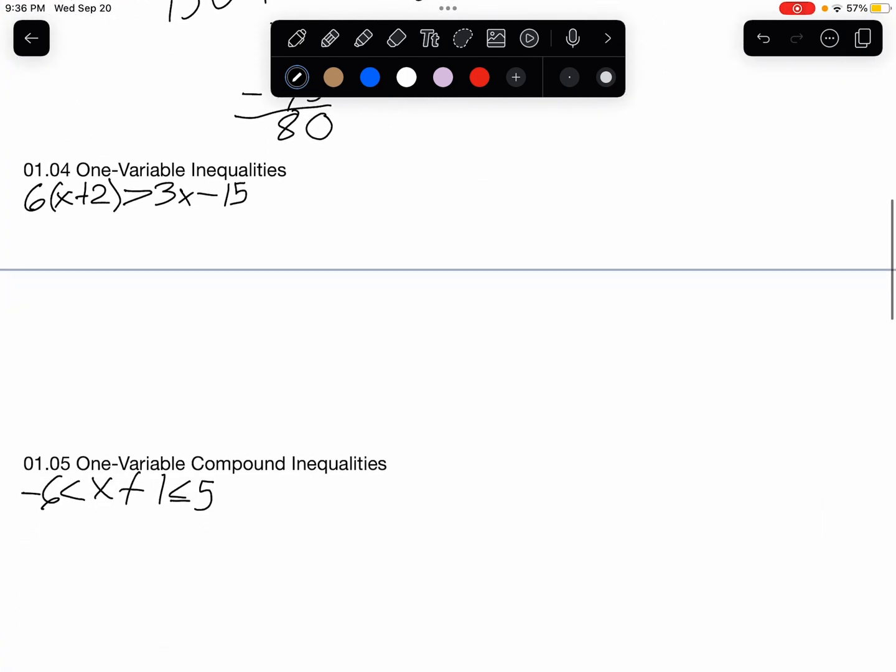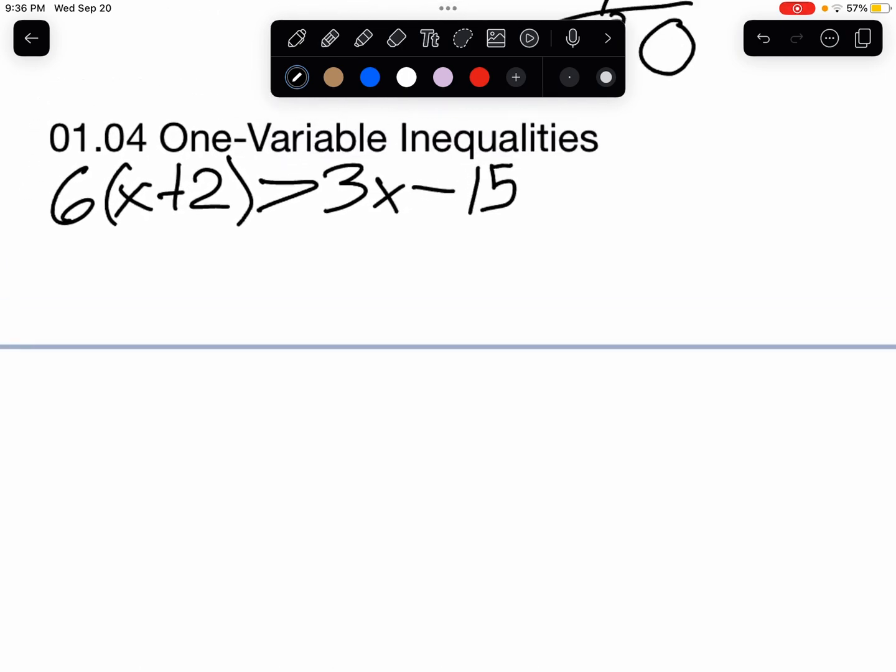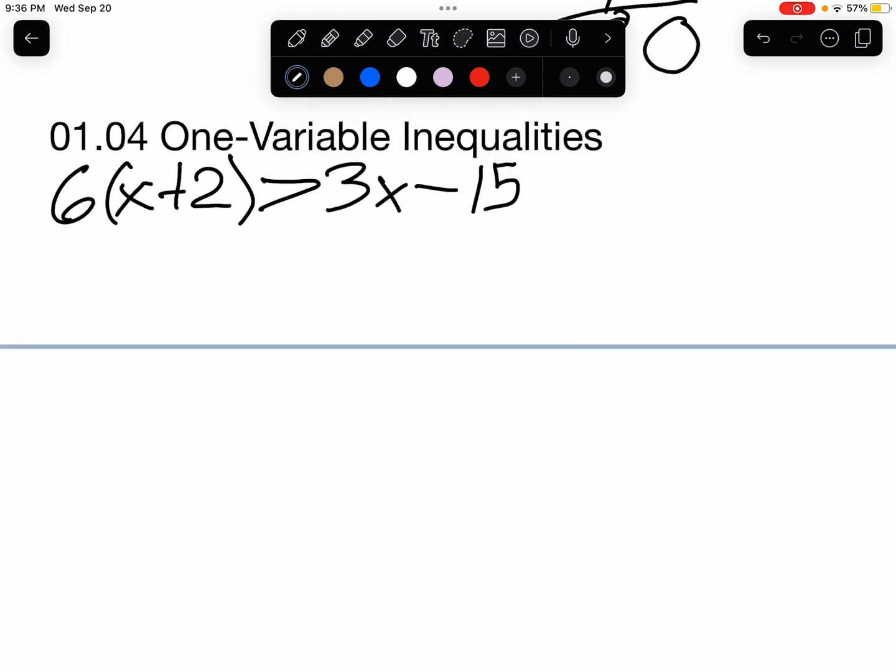In the fourth lesson, I learned what are one-variable inequalities. In this inequality, you have to use the distributive property to figure out the left half of the inequality. 6 times x is 6x, and 6 times 2 is 12. Then you bring down the sign.